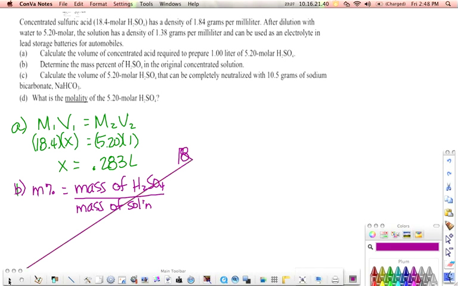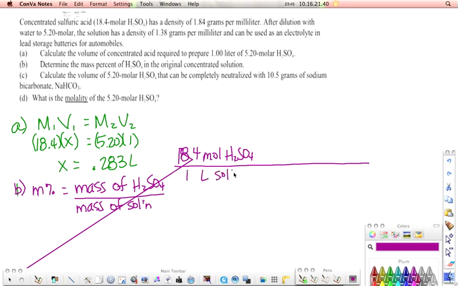So 18.4 moles of H2SO4 are contained in 1 liter of solution. That's the mass percent in the original concentration. We're just going to assume for simplicity's sake that we have a liter of solution. Well, I know that every mole of H2SO4 has a mass of 98.1 grams.